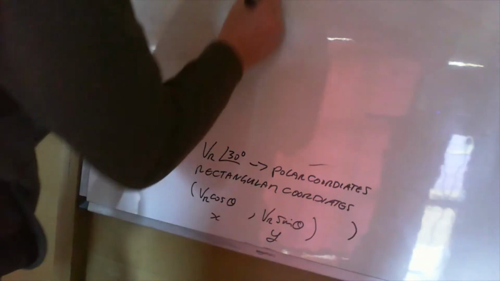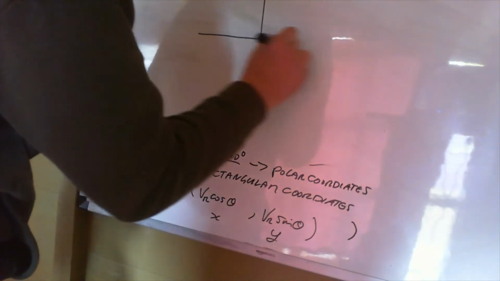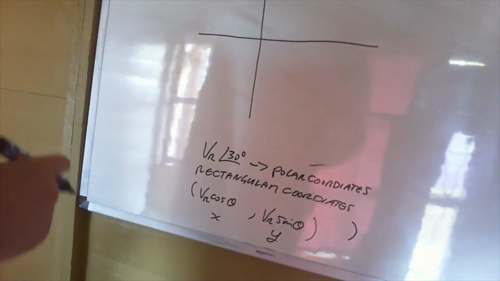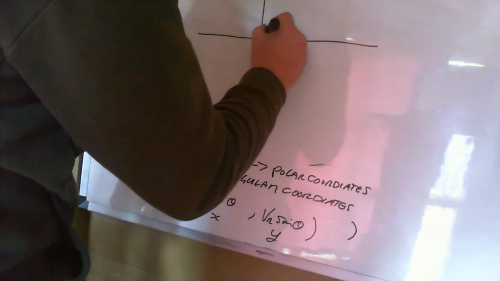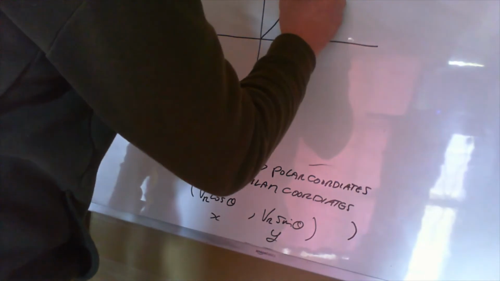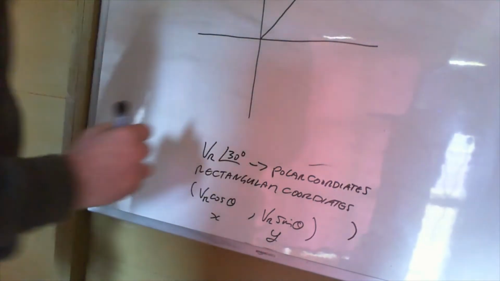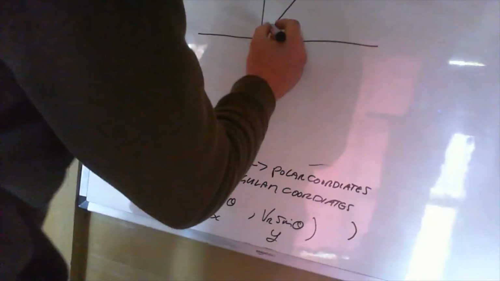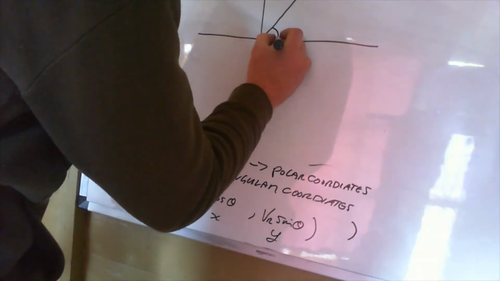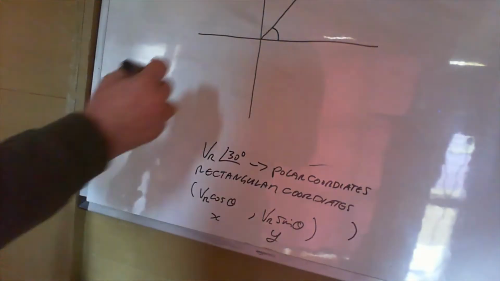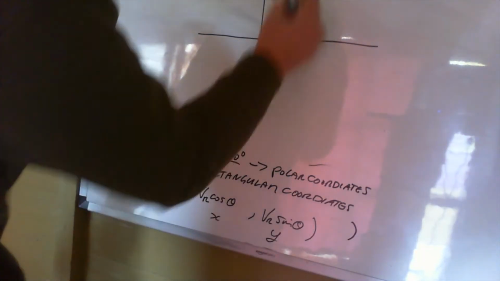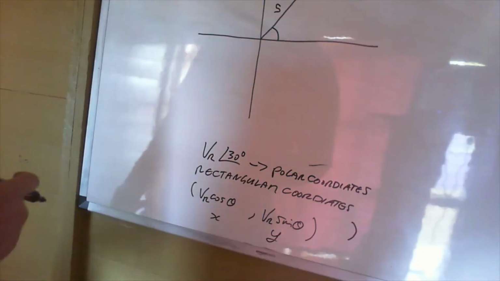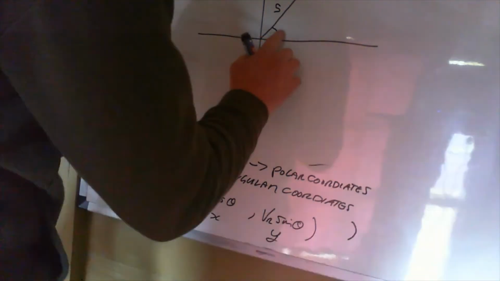If you have coordinates, say you had a resultant vector of some sort, it could be a force, it could be a velocity, it could be anything. Say 3, 4, and say this was 5 at an angle.